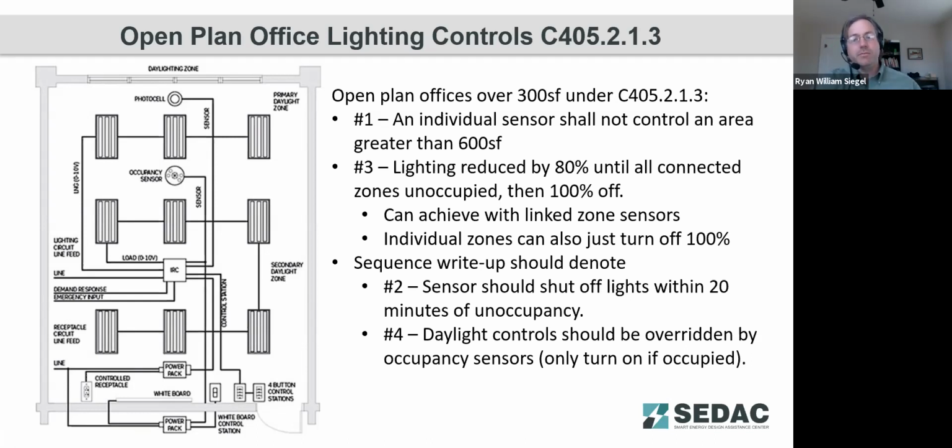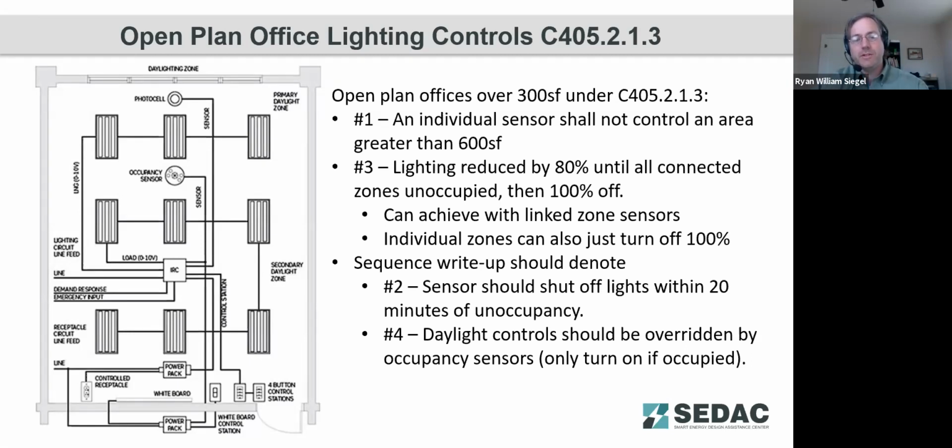So if you have a 1,000 square foot open plan office, even though a single sensor may cover the full 1,000 square feet, you would have to have at least 2 occupant sensing devices and 2 different control zones, one for each approximately 500 square foot area. The code also calls out that once a zone is unoccupied, then within 20 minutes, the lighting has to be reduced by at least 80% in that zone.